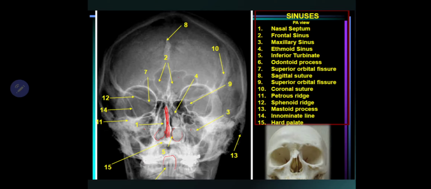And then, next, what do you look for? Look at the sagittal suture. This is the sagittal suture. Then, the superior orbital fissure. This is the superior orbital fissure. This is the coronal suture. This is the petrous ridge.